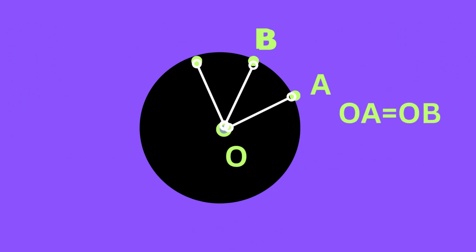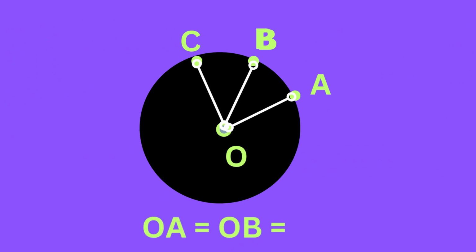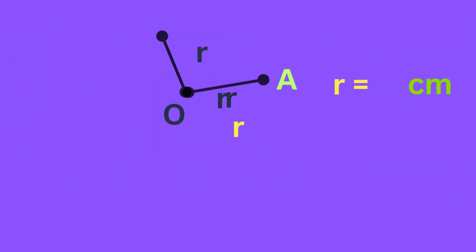Similarly, if we take another point C, then the distance between O and C is the same as OA and OB. Therefore, OA equals OB equals OC equals R, which is the radius. If R equals 5, then every point on the circle is exactly 5 cm from the center.